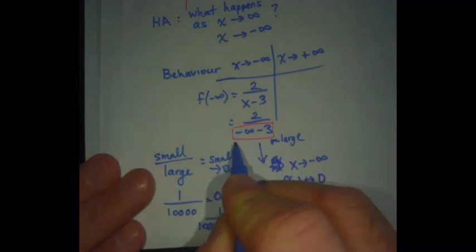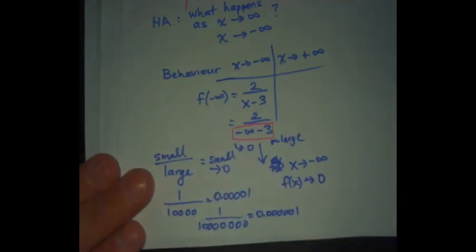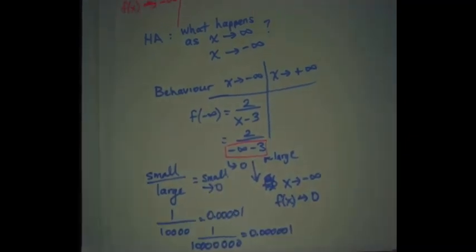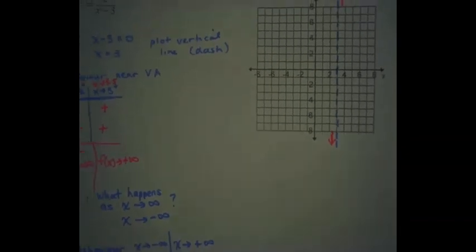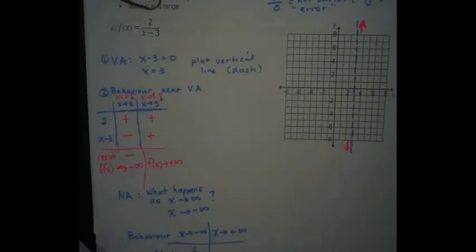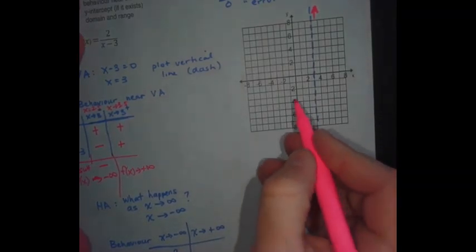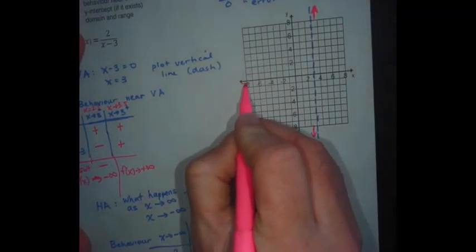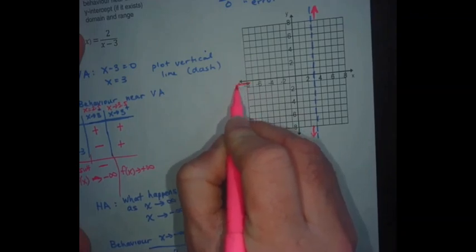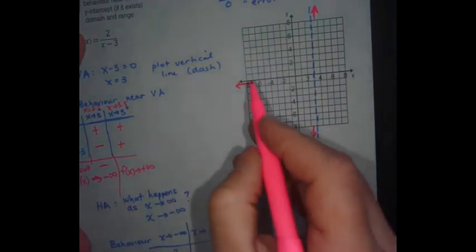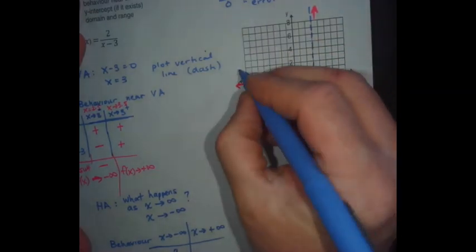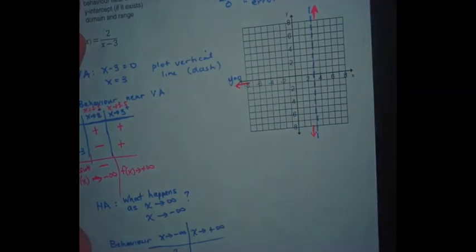So what does that look like on my graph? I'm going to be approaching there, because this is where f at x equals 0. So y equals 0 is our asymptote.